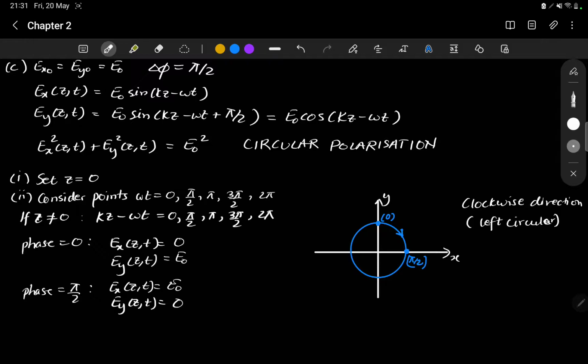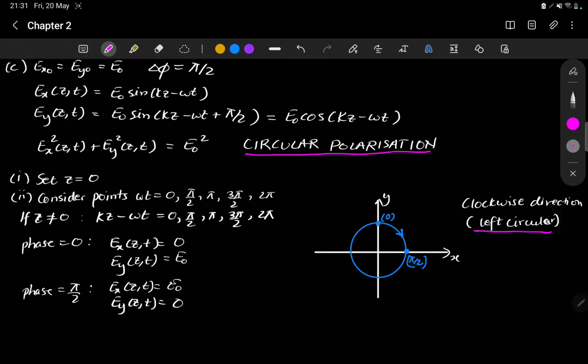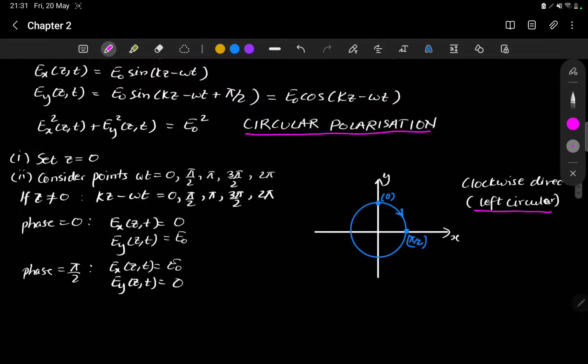But if for the right hand the thumb is facing out of the screen or out of the paper, then it is right circular. So in this, if our fingers curl along the direction in which the electric field is rotating, then the thumb will point outwards only for the left hand. So it is left circular. Circular polarization, left circular.